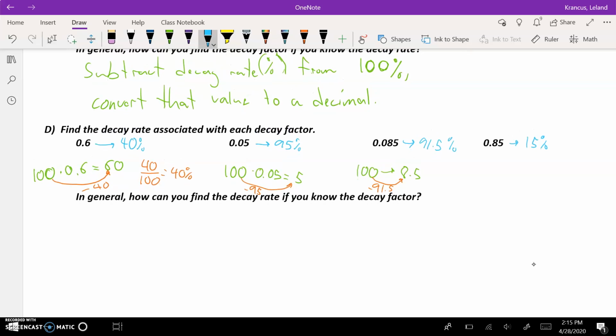What we're really doing is we're converting the factor into a percent, and then subtracting that from 100%.